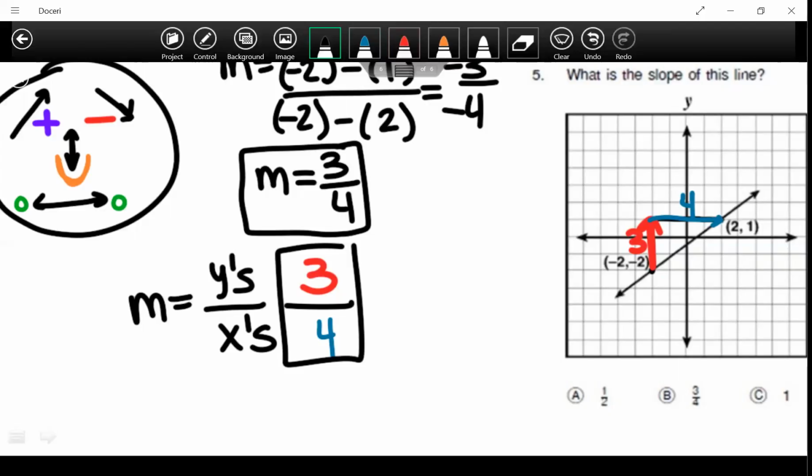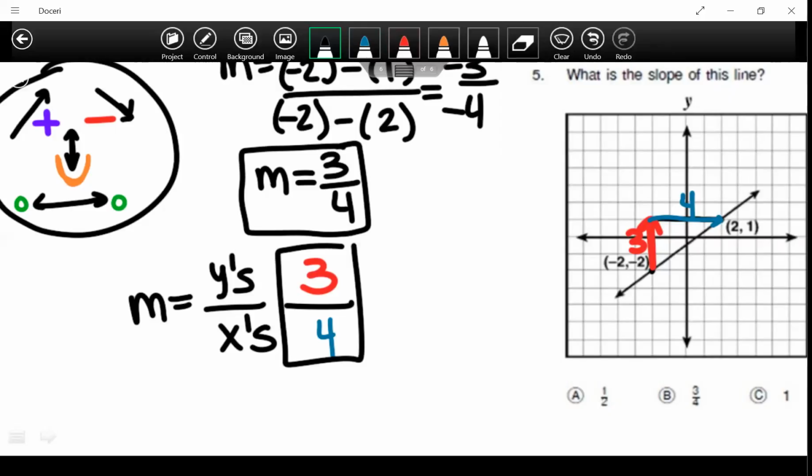There are several questions on the quiz. You'll have a slope formula problem. You'll have a graphing problem that will say, what's the slope of this? So definitely know how to do slope. Slope is very key on this. I want to say at least 3 questions that you'll need to know. Questions?